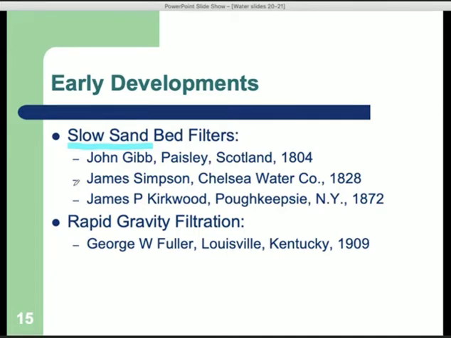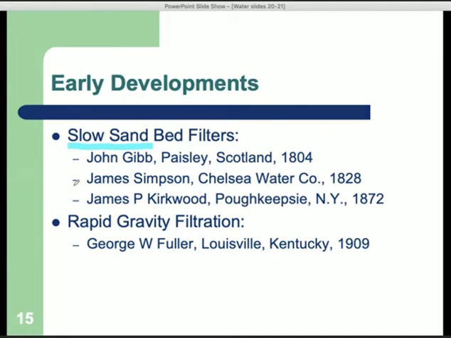And when diseases swept through, folk in Hamburg got sick for drinking the normal river water, and folk in Altona were fine because they had these slow sand bed filter treated waters. So very soon people realized that there is much more to it than just industrial uses. It's also about human health, so keeping back bacteria and other substances.